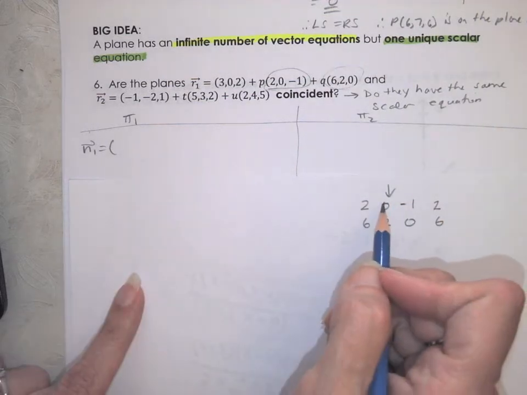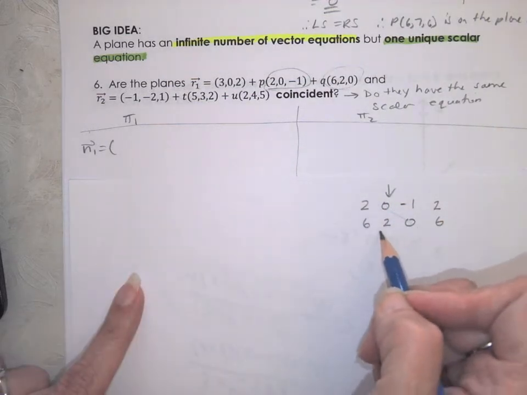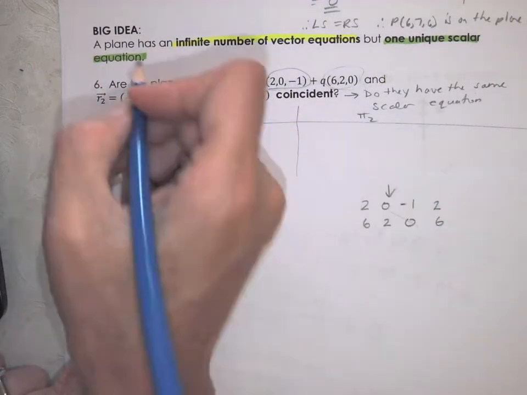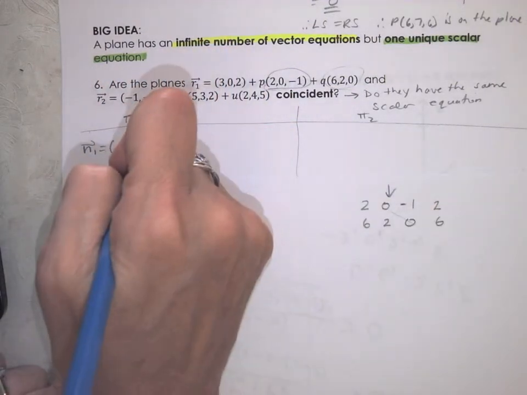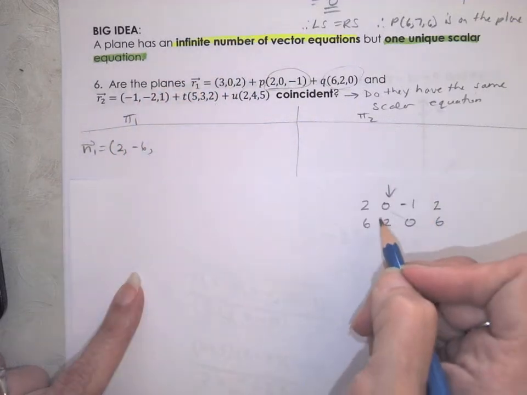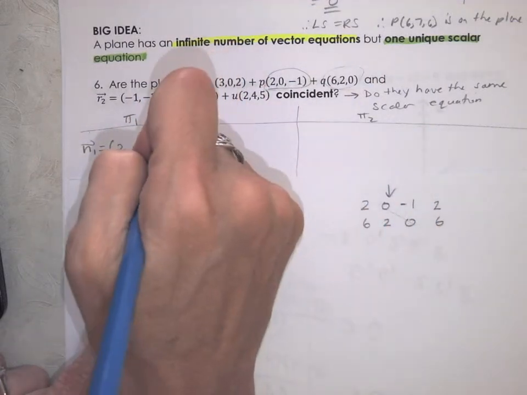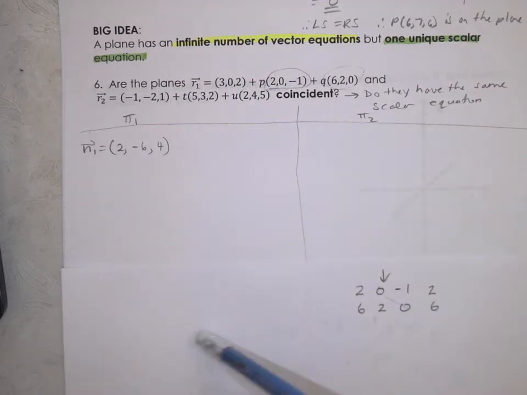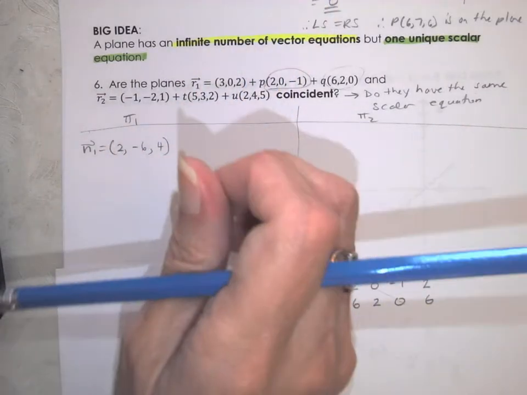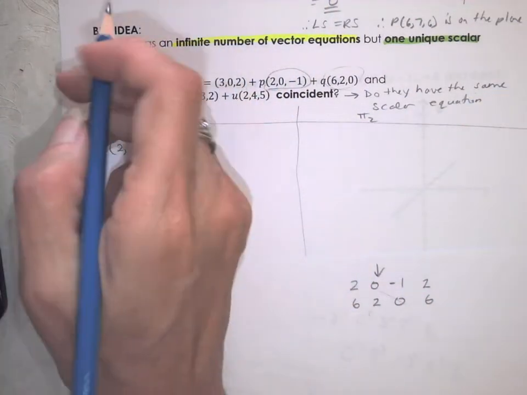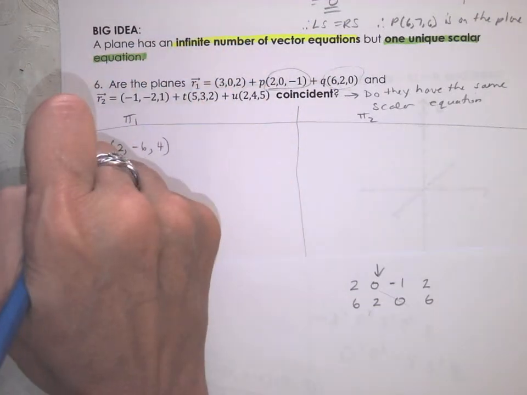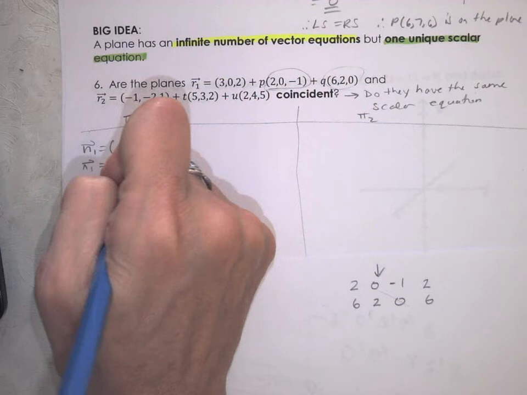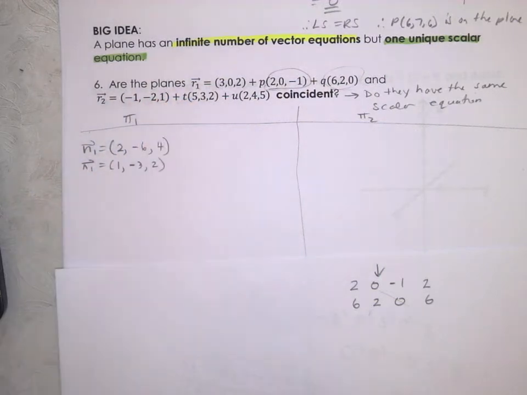So n1 is going to be 0, subtract -2 or 2. -6, subtract 0. And 4, subtract 0. And I'm actually going to take a smaller scalar multiple of that. So my n1 is actually, I'm going to divide by 2 here and make it 1, -3, 2.